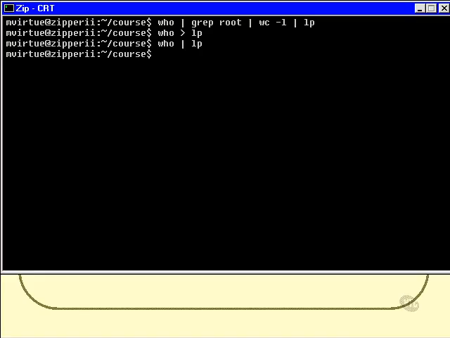In the second instance, lp is interpreted as the name of a program. You'd be amazed at the number of people that get these two confused. I'm not talking about this specific example, but the number of people that confuse the greater than form of redirection and the pipe form of redirection is, well, a very large number of people. Please try and make sure that you're not one of them.